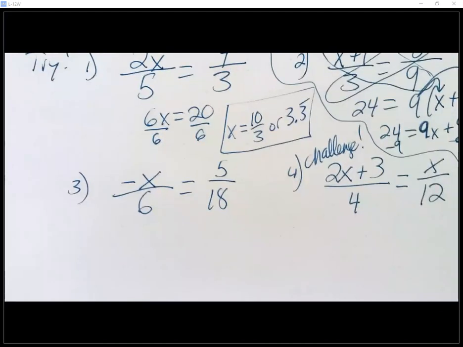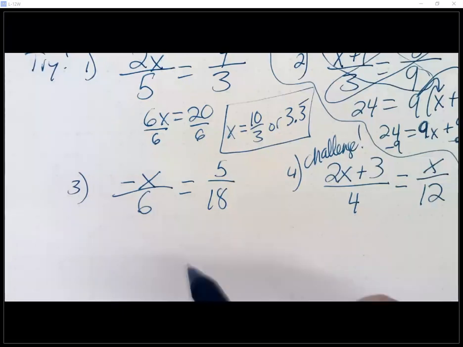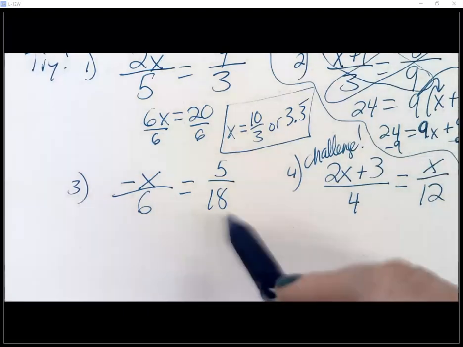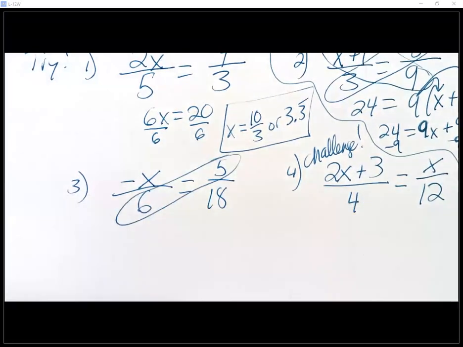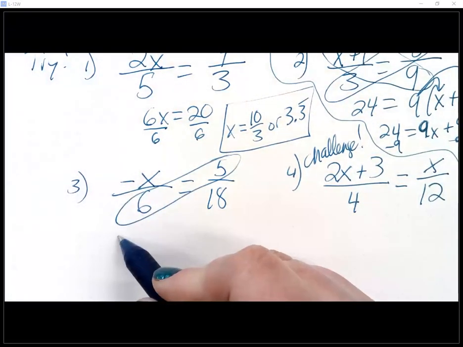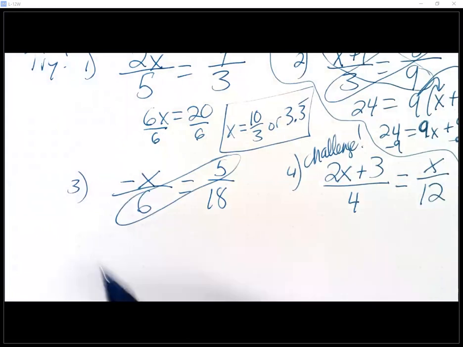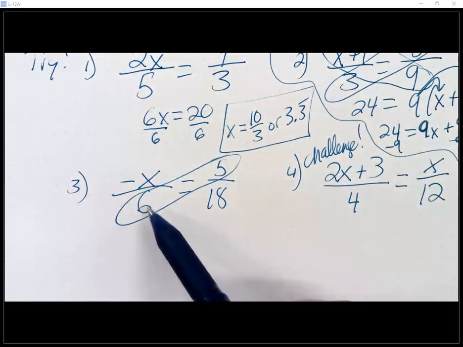John, what'd you get on 3? Let's go back. So if you multiply 6 times 5, what's that? What's 6 times 5? 30.